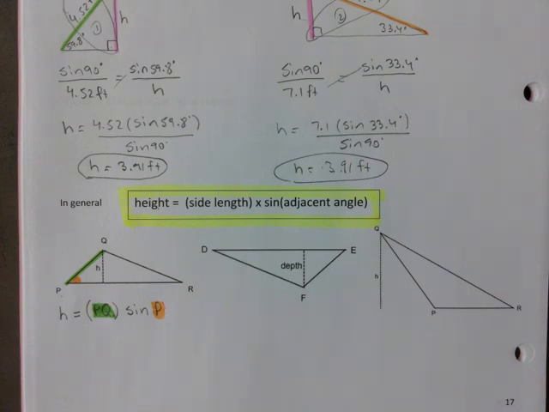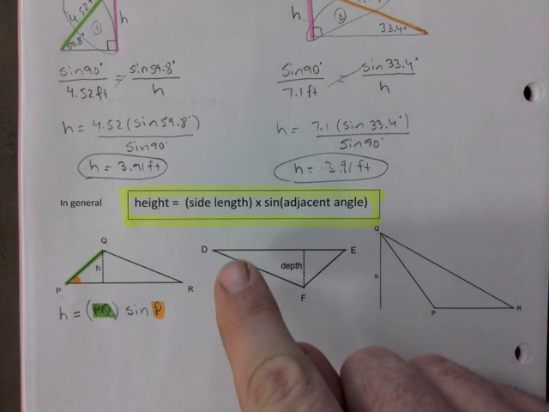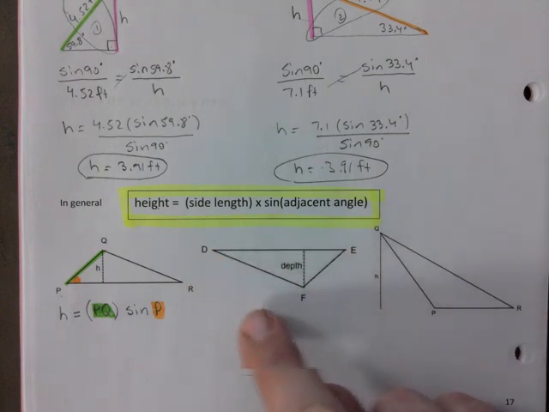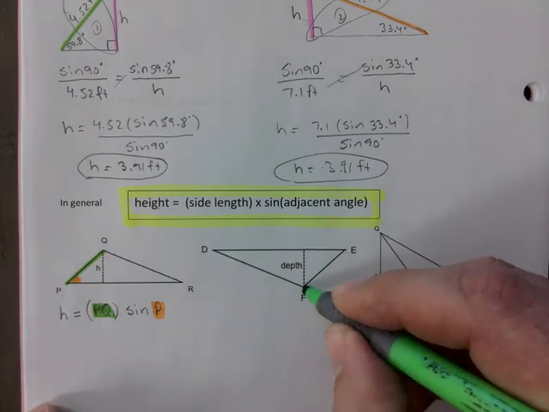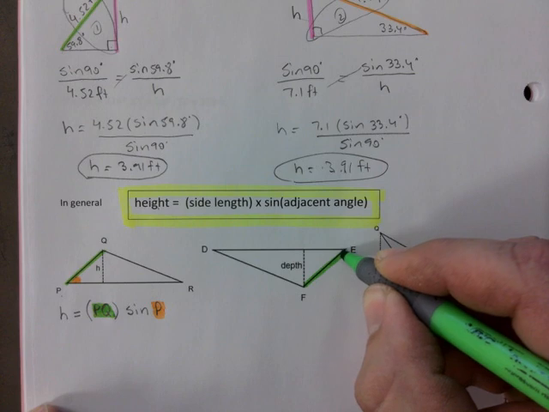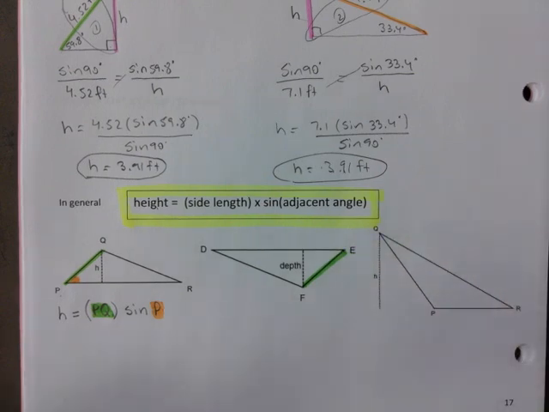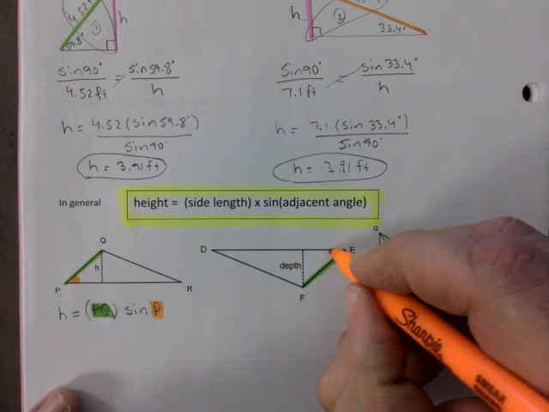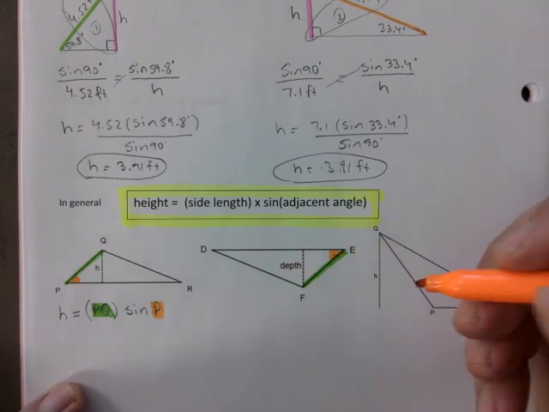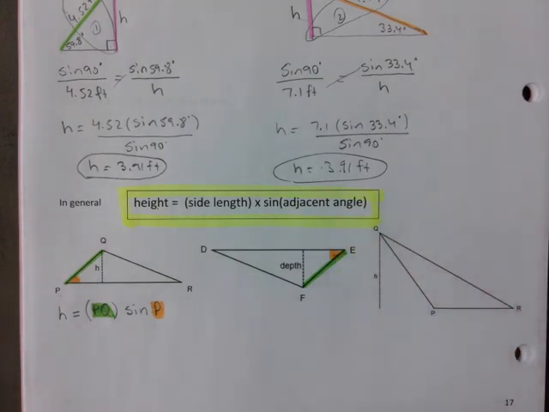Next, if you're focusing on this triangle here and you wanted the depth of this triangle, also height, let's say we come from this side. If you know this slant, then you want to use this angle here to figure out the height.